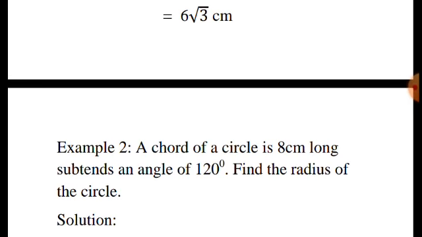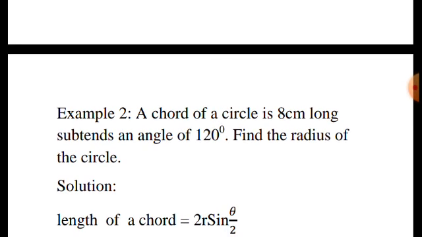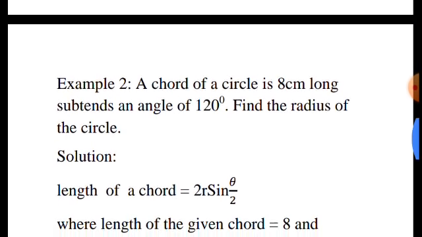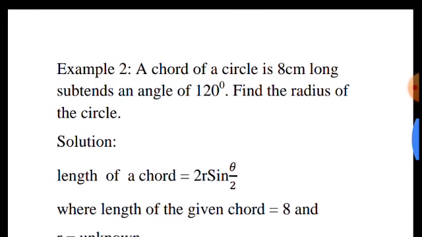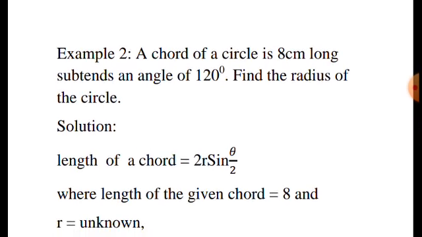Now, solution. The first thing to do is to write out the formula for finding the length of a chord. Length of a chord is 2r sine theta over 2, where the length of the given chord is 8 centimeters and r is unknown.